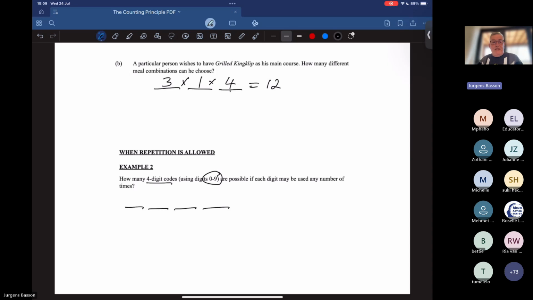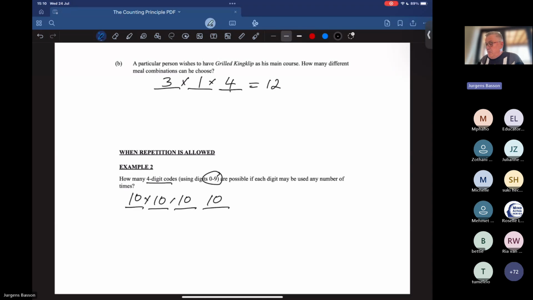They may repeat. So if I do the first task, I think you will all agree I can do it 10 different ways. And because repetition is allowed, if the digit in the first position is 5, I can get 5 again. So this is also 10, this is also 10, and this is also 10. And that is what you normally get if repetition is allowed.